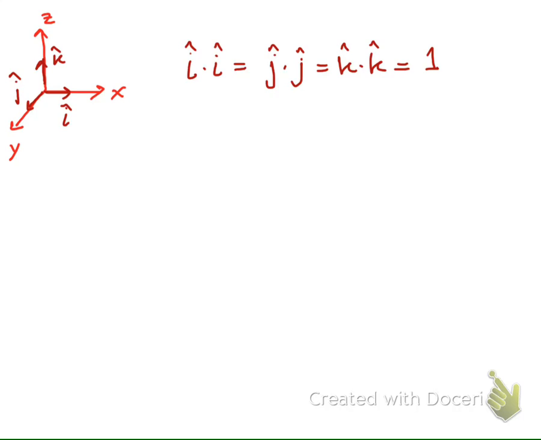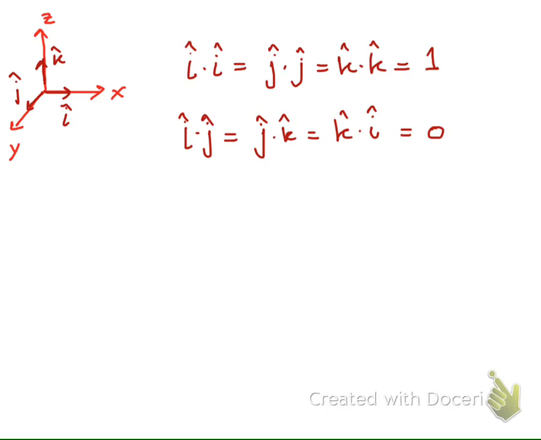Because the magnitude of the unit vector is 1. We also have that i dot j equals j dot k equals k dot i equals 0. This is obvious because i is perpendicular to j and also perpendicular to k, and j and k are perpendicular. So the dot product of these vectors must equal 0.